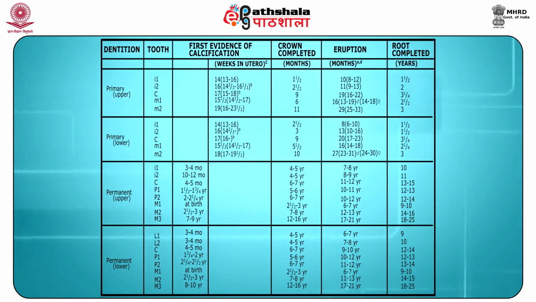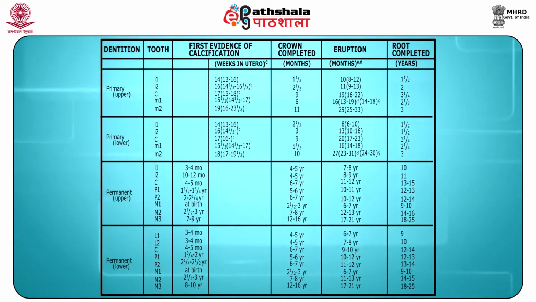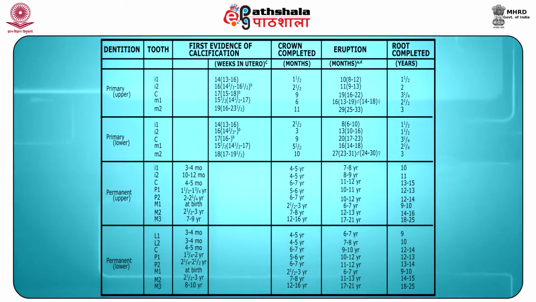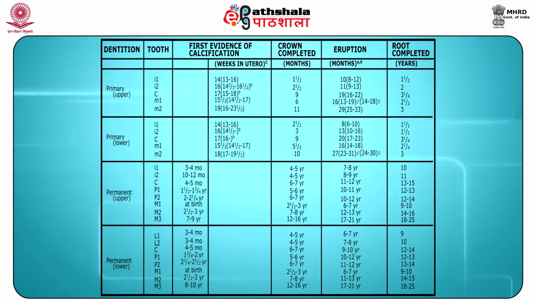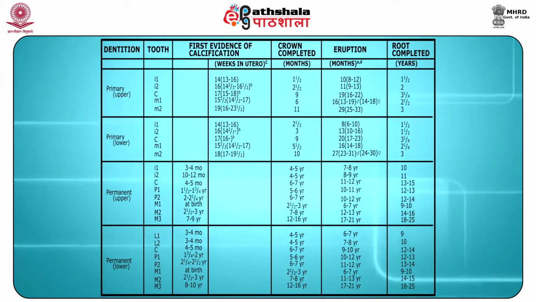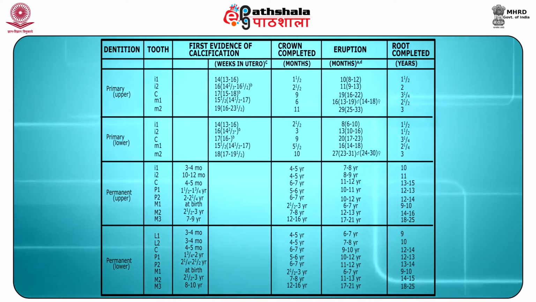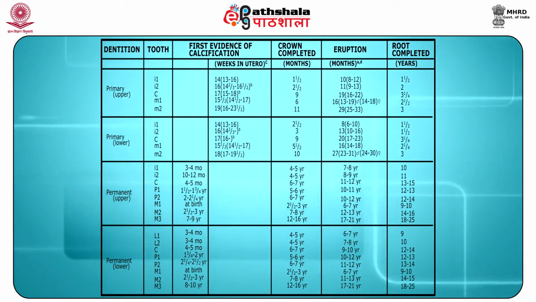For the primary dentition in the upper jaw, in utero, the first evidence of calcification is around 14 weeks, and up to molar it will go up to 19 weeks, and then crown completion happens from around 1.5 months to 11 months, and then eruption occurs from 10 months to 29 months, and the root is completed from 1.5 years to a maximum of 3 years.